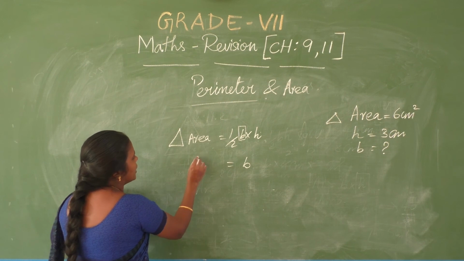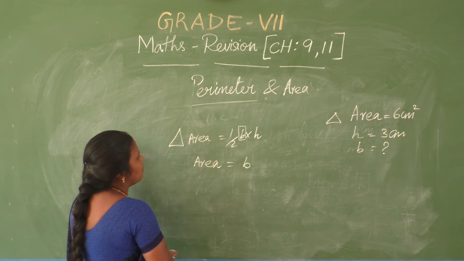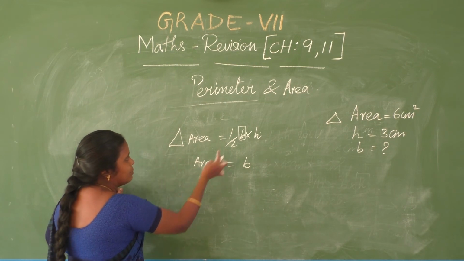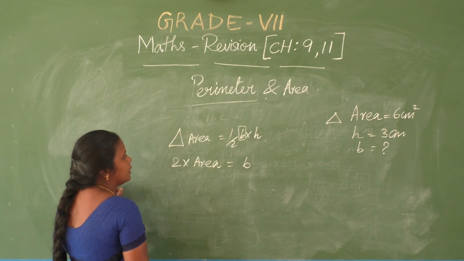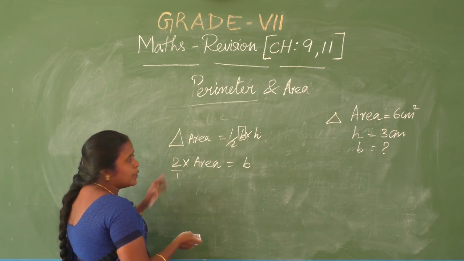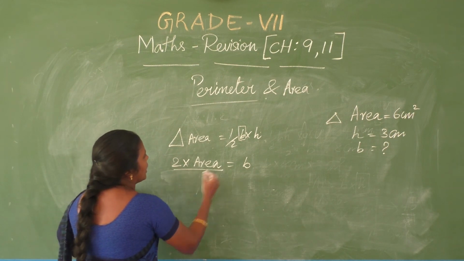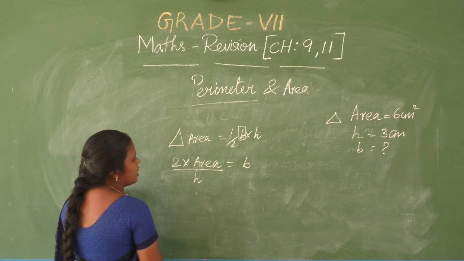So what to do? Already area is here. So half, if you shift to the opposite direction, it becomes 2 by 1. That means denominator 2 goes to the opposite direction in multiplication. 1 by 2, if you shift to the opposite direction, it reciprocals, 2 by 1. Yes or no? The numerator h, if you shift to the opposite direction, it comes to the denominator.